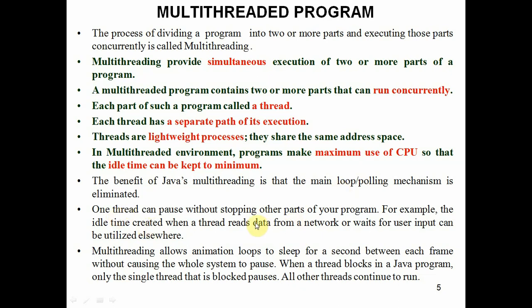One thread can pause without stopping other parts of your program. That means if a particular thread is paused for any reason, there is no need to stop other parts or other threads of your program.